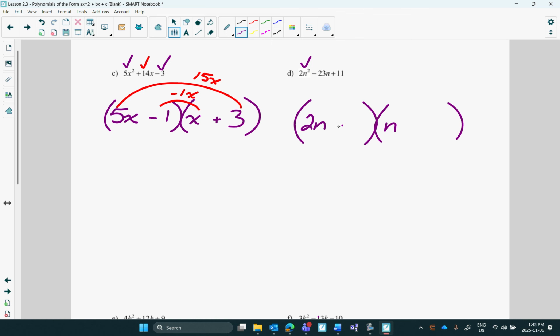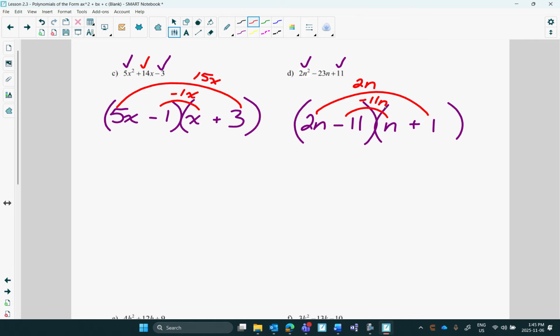So let's try this. Minus 11 and plus 1. Let's do the outside. 2n times 1 is 2n. On the inside, minus 11 times n is negative 11n. Together, they do not make negative 23, do they?